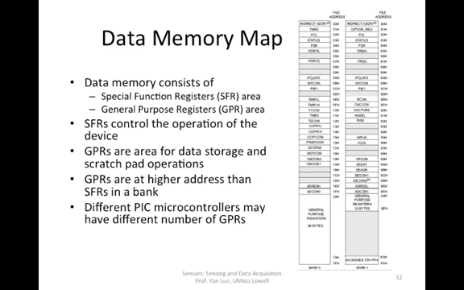And general purpose registers, GPRs, are areas for data storage and scratchpad operations. GPRs are usually at higher addresses than SFRs in a bank, but higher means larger value. And different PIC microcontrollers may have different numbers of GPRs.